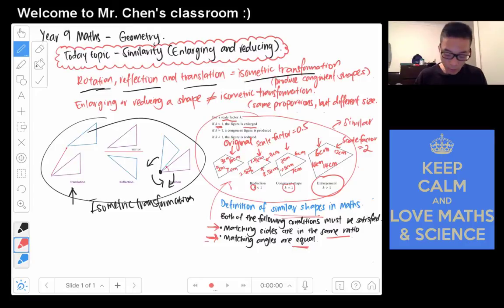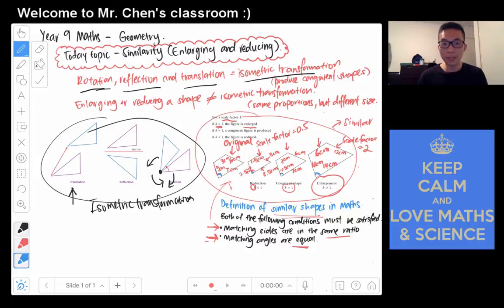For example, this parallelogram's angles all add up to 360 degrees. If this one has to match that one, it doesn't matter if the size is reduced, the angles will always be the same.